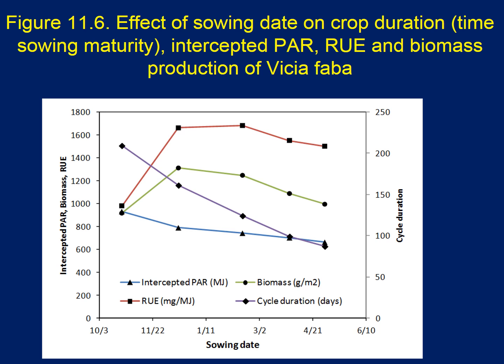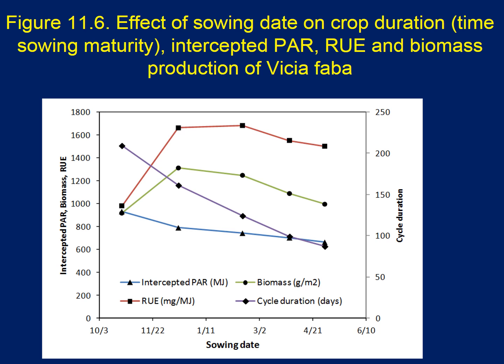Here we have the amounts of intercepted PAR, biomass or radiation use efficiency, and the cycle duration. Let's only look at the biomass, which is the green line, and the cycle duration, which is the purple line. We see that the cycle duration is reduced as we delay the sowing date.